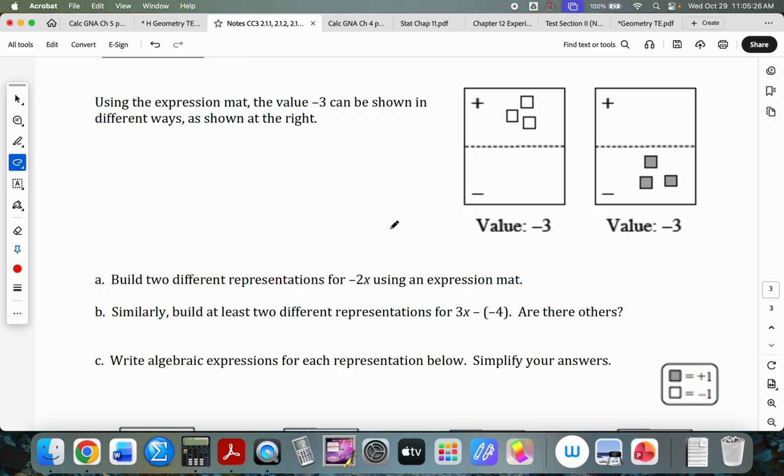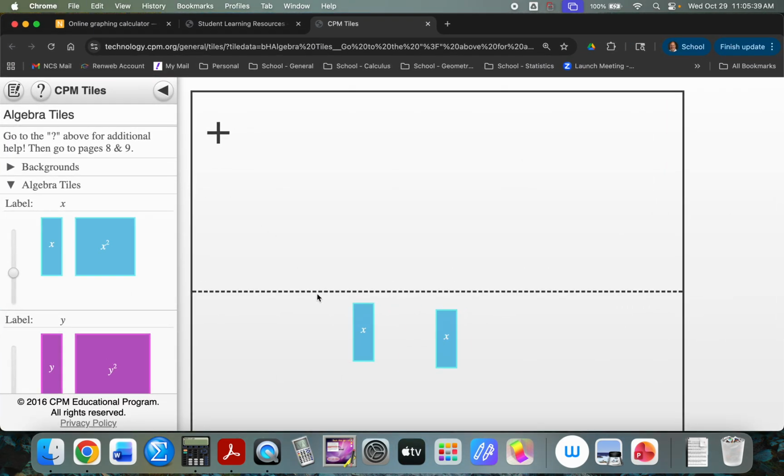Now see if you can just build one for right now, for 3x minus negative 4. So I want 3 x's.